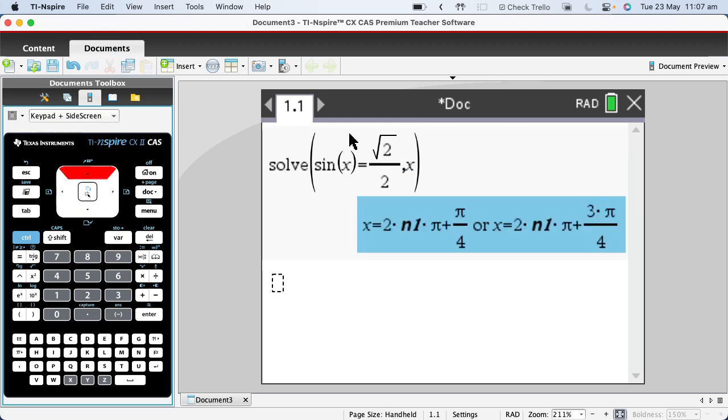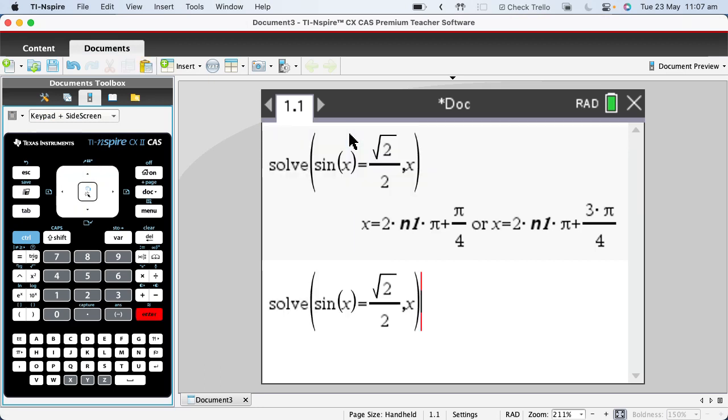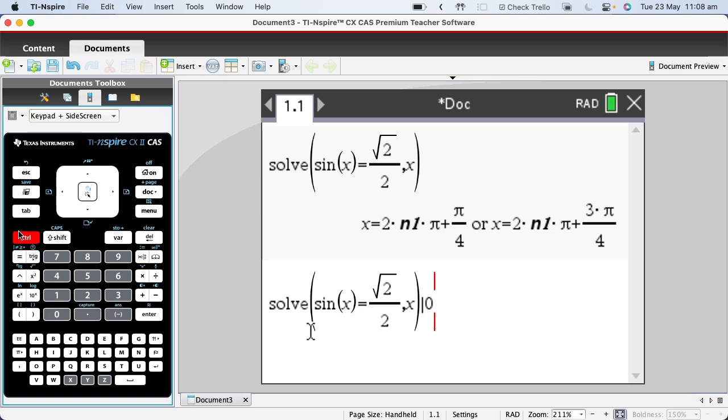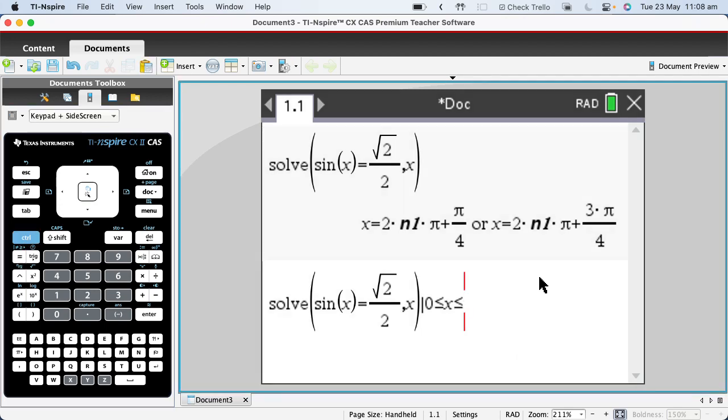What we can do in our calculator is specify a domain for the calculator to solve over. So if I go control equals, and then use this bar here, which if you say it out loud, you say such that. So solve this equation such that x is between 0 and 4 pi.